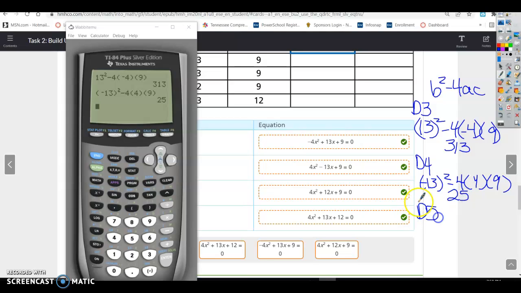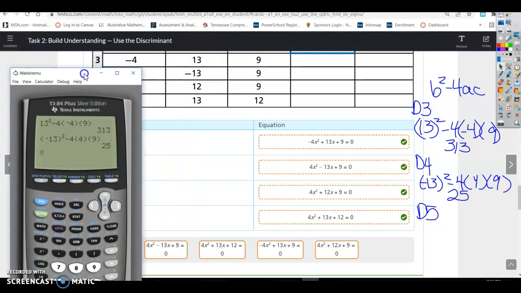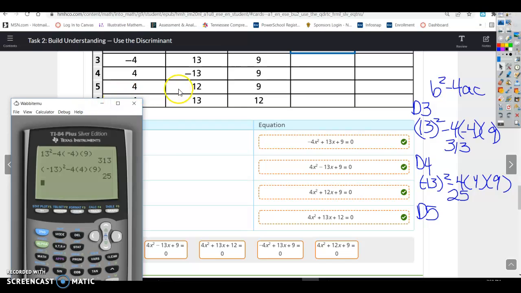And then D5. The screen doesn't have very much room, does it? All right, so 4, 12, and 9. Our B is 12, so we're going to do 12 squared minus 4 times A times C. So 4 and 9.